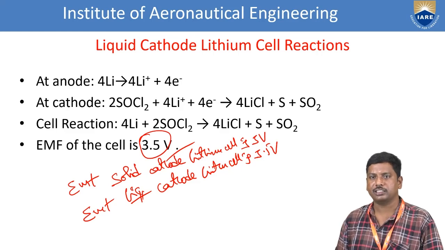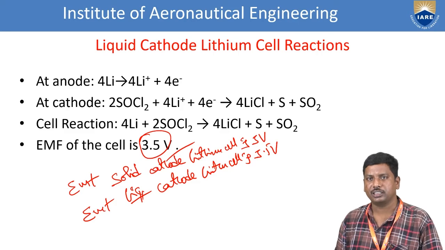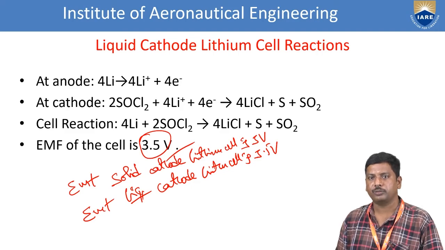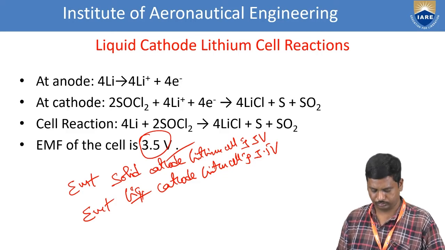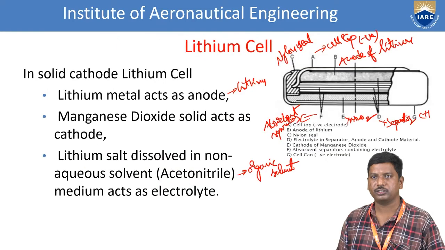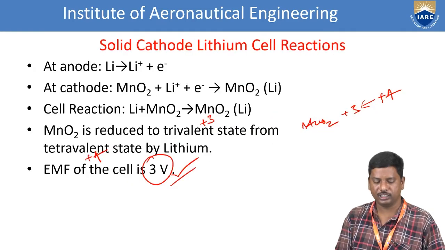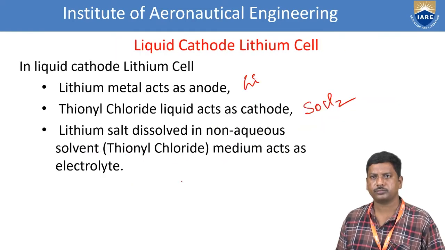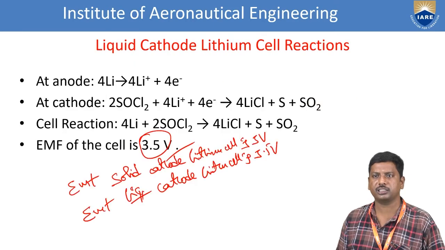This is the resultant phenomenon in lithium cells, especially solid cathode lithium cells and liquid cathode lithium cells. That means the EMF of the lithium cells increases from solid cathode lithium cells to liquid cathode lithium cells. So previously in the solid cathode lithium cells we observed only 3 volts, but the liquid cathode lithium cells show 3.5 volts.